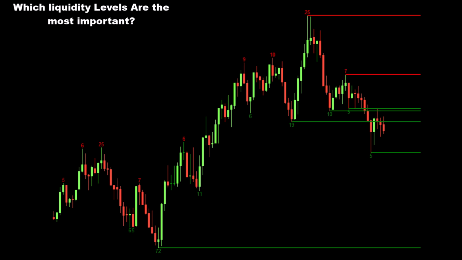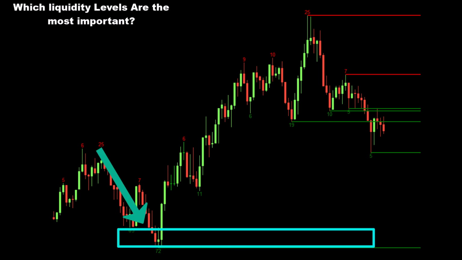Now let's talk about liquidity levels. These are specific price areas where a lot of stop loss or pending orders are waiting. The first liquidity in a price wave is usually the most important. It often has the highest chance to hold or resist price because it contains the earliest cluster of orders.